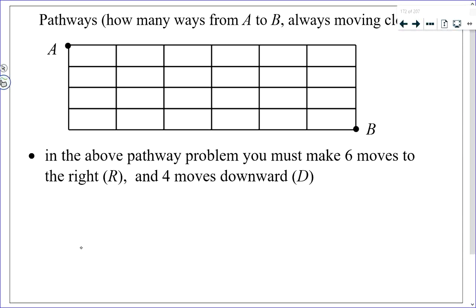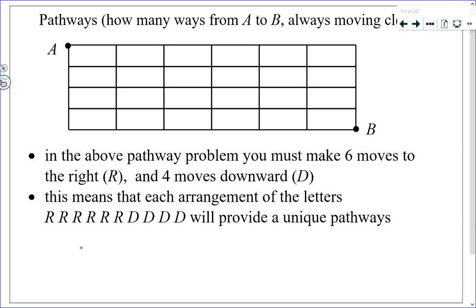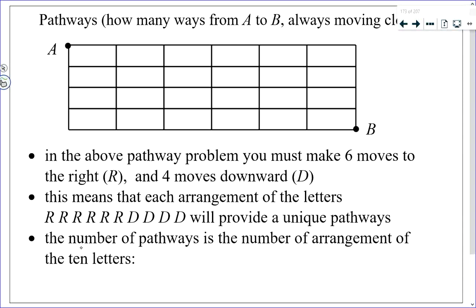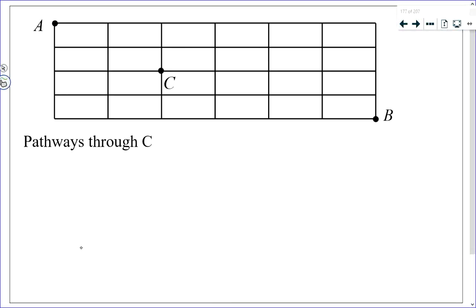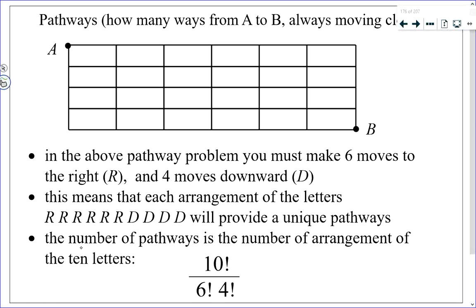I can move to the right a couple of times and then down and then to the right again and continue in that fashion. My point is that each time I arrange these 10 letters, I'm going to get a unique pathway. So the question is, how many ways can I arrange those letters? Well, it's 10 factorial, but I have to divide by 6 factorial and 4 factorial. And that would be the answer to this question. Don't quote me on this, but I think it's 210.